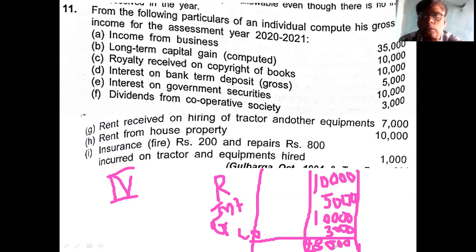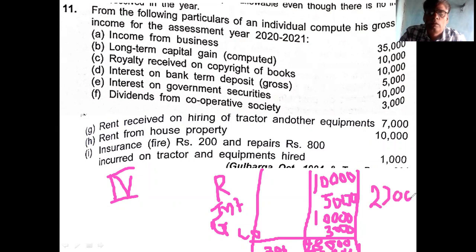In this 28,000, you deduct two items under section 57. First is insurance 200. Second, repairs 800. You deduct 1,000 total. What is the income from other source? 27,000. You take 27,000 to the outer column.